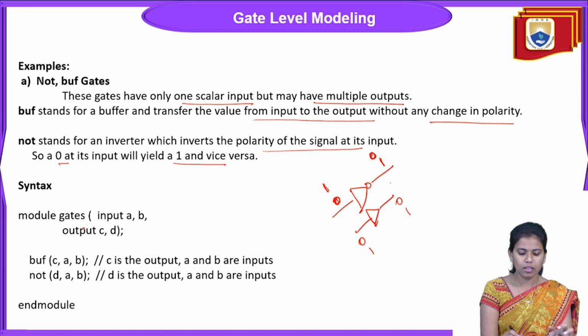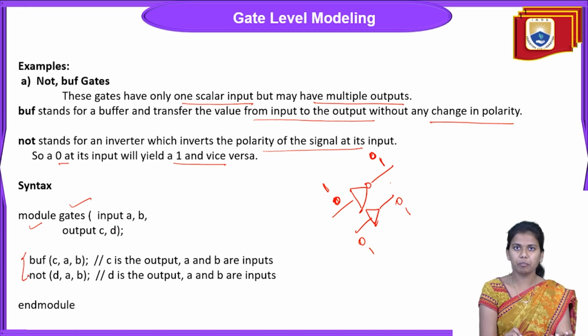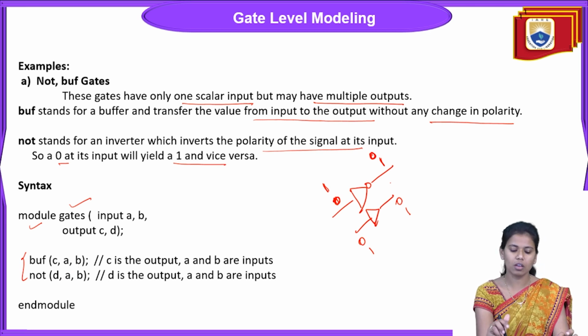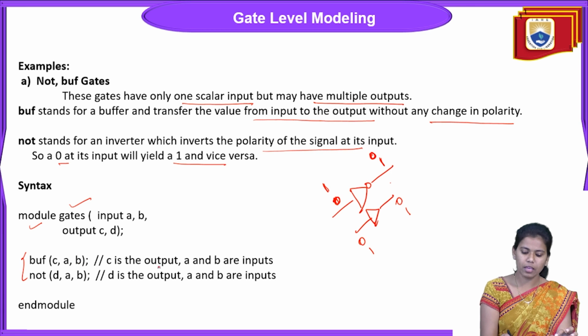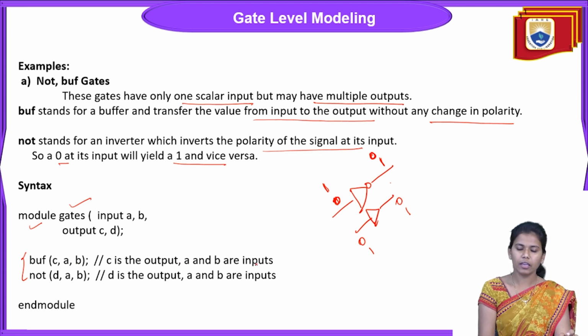Coming to the syntax, the representation of the particular gate with respect to gate level modeling. Module is a keyword. Gate is a representation of the particular gate that you are taking up. Input A and B and output C and D. And here these are the statements. Here I am considering 2 gates, buffer and NOT. So for my buffer, C is the output, A, B are the inputs. Whereas for the NOT gate, D is the output, A, B are the inputs.